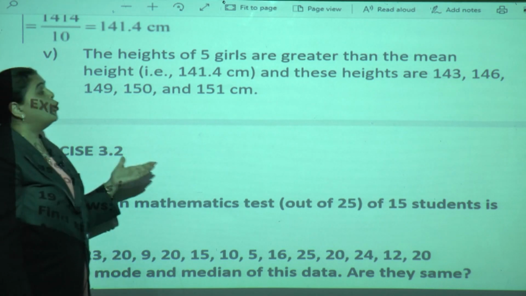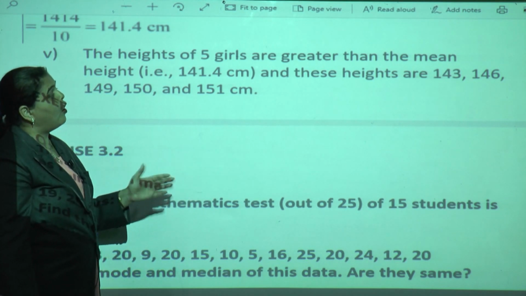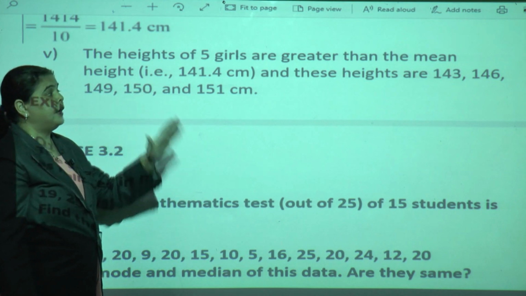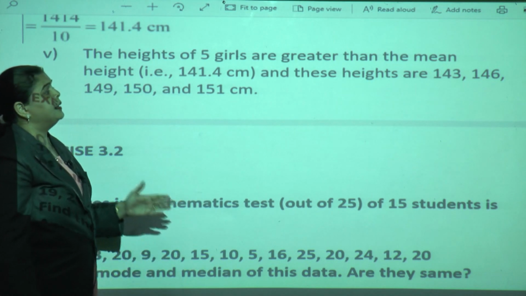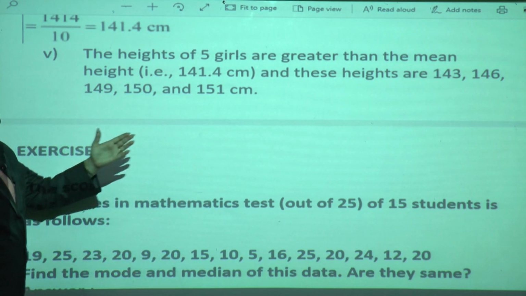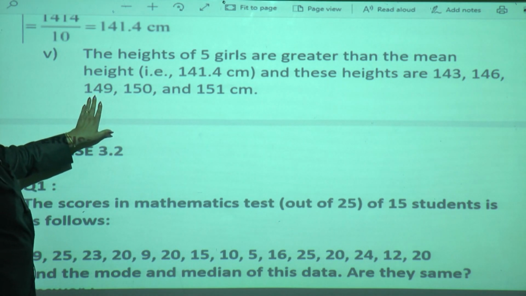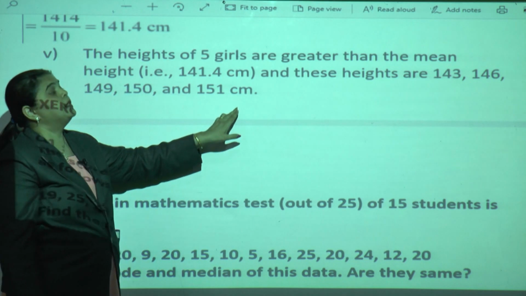Whose height is more than 142 are the greater heights. How many girls are there? There are 5 girls, and these heights are 143, 146, 149, 150 and 151 centimeter.